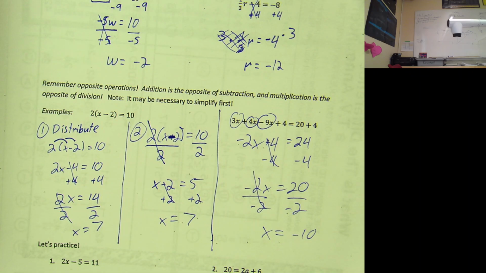Okay, so we should be done. Why, or what are we doing? Oh, so negative 5 divided by negative 5.